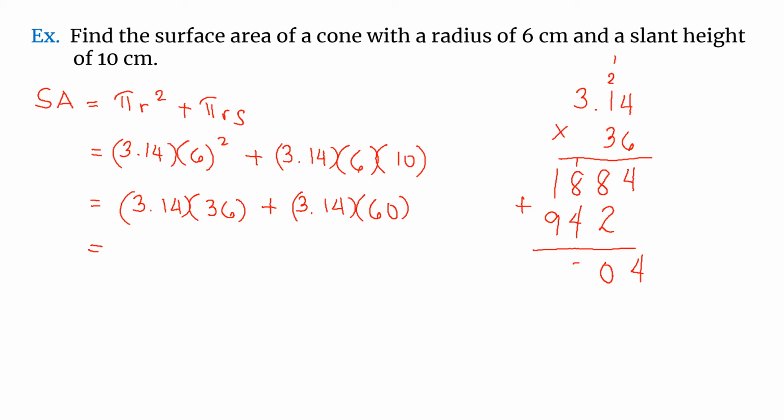Plus 4 is 13. Carry 1 plus 1 is 2. Plus 9 is 11. In the problem, meron tayong sa taas na 2 decimal places. Therefore, from the end, mag-move tayo ng 1, 2 places to the left. So, meron ka na ngayong 113.04. And this is the product of 3.14 and 36.